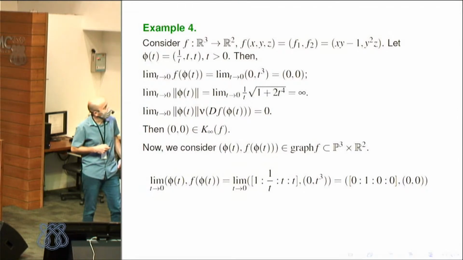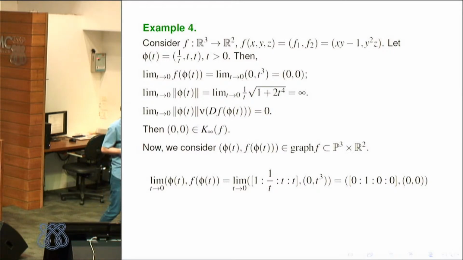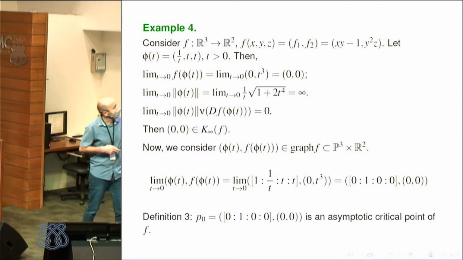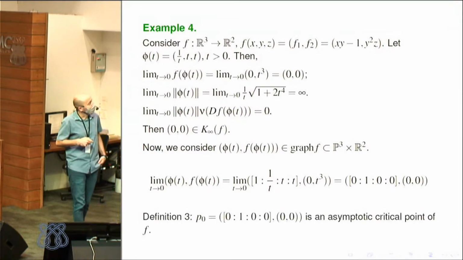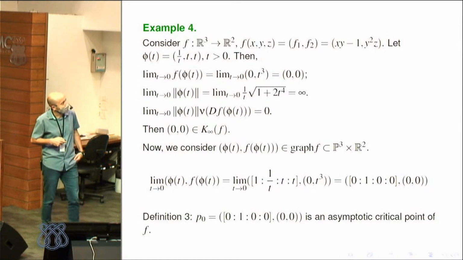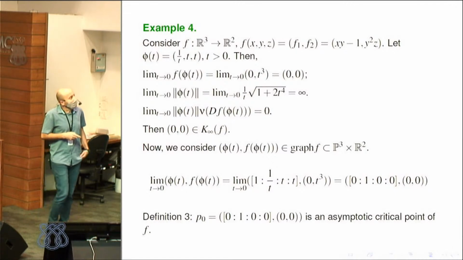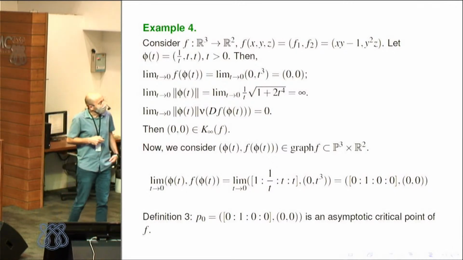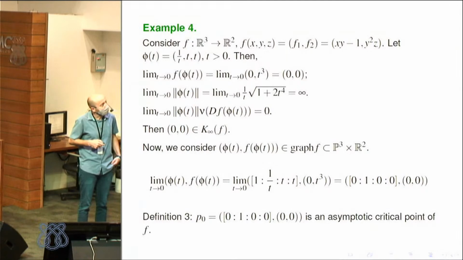When you take the limit, this converges to (0, 0, 1), and so on. Consequently, by definition 3, P0 is an asymptotical critical point of f. The idea is to give an interpretation to the asymptotical critical point at a neighborhood at infinity for this point.